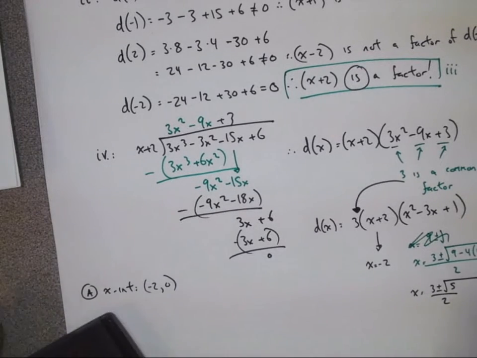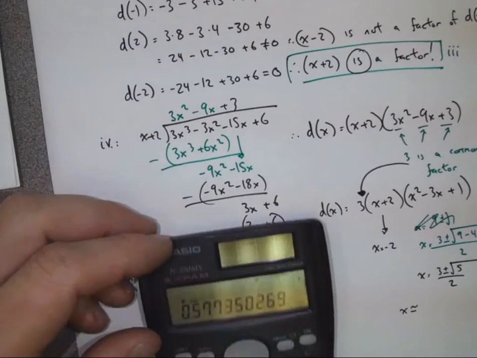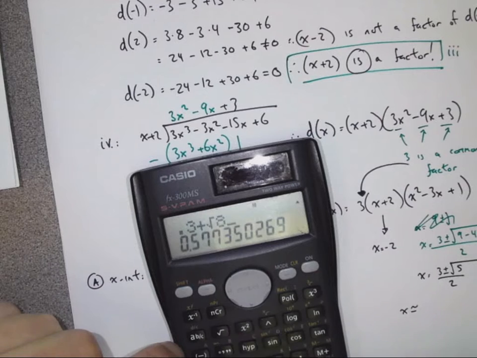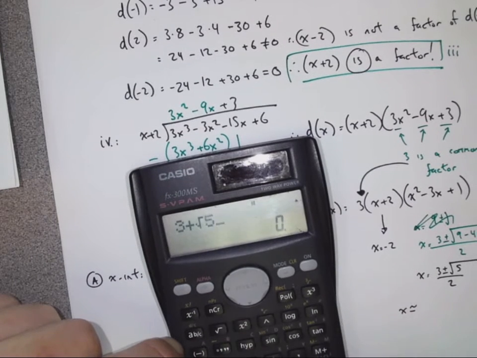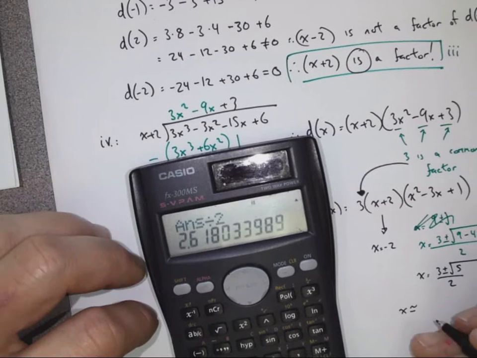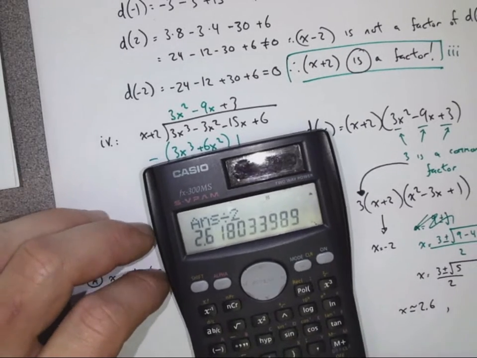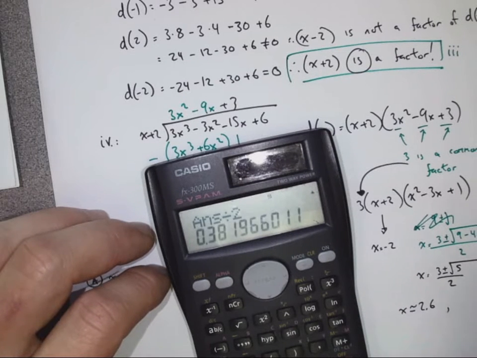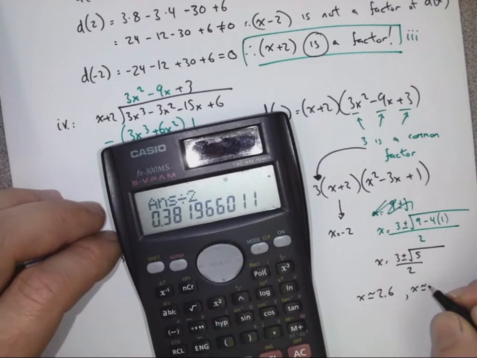All right, so that means that x is approximately equal to 3 plus root 5, divided by 2, so we get 2.6, and 3 take away root 5, divided by 2, and x is approximately equal to 0.4.